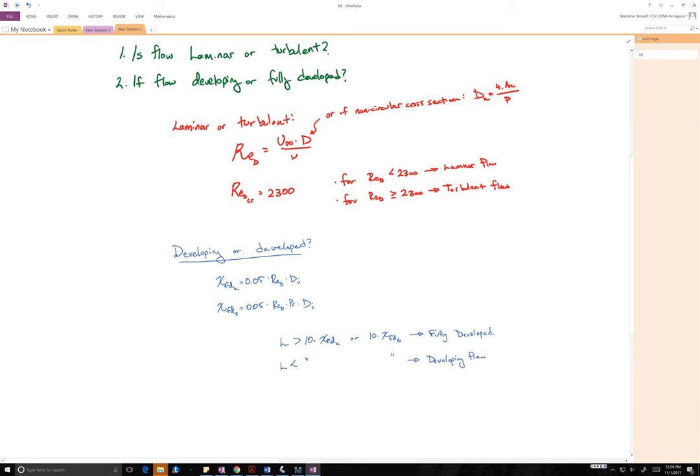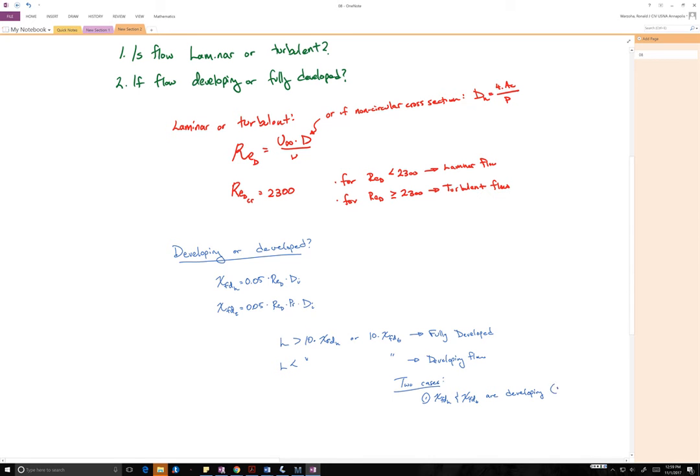And you'll run into two cases. Case 1 is where you have both locations here developing.